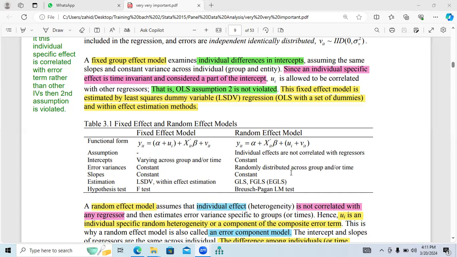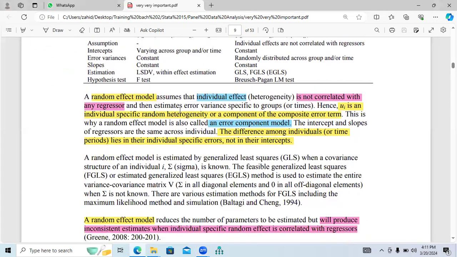I was telling you that there is a difference between the theoretical foundation of fixed effect and random effect model. In case of random effect model, it is assumed that individual effects, meaning heterogeneity, are not correlated with any regressor. Regressor means independent variable.